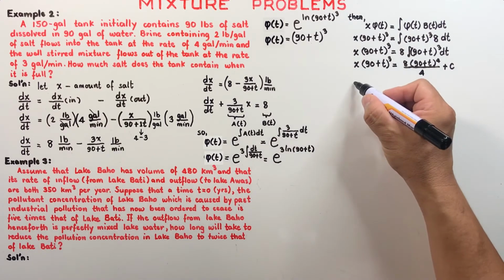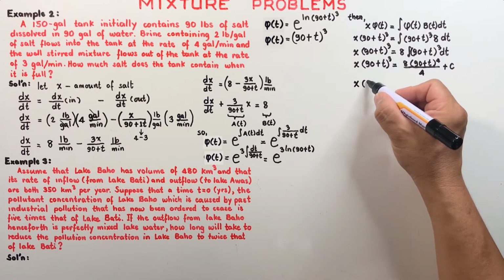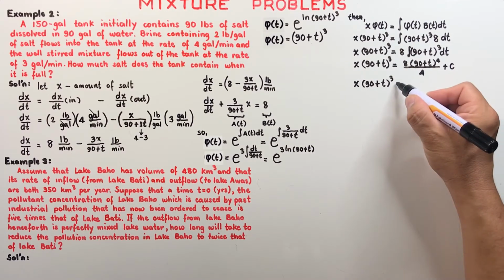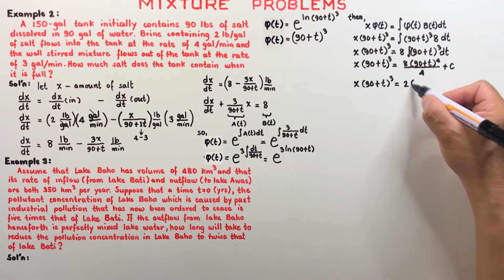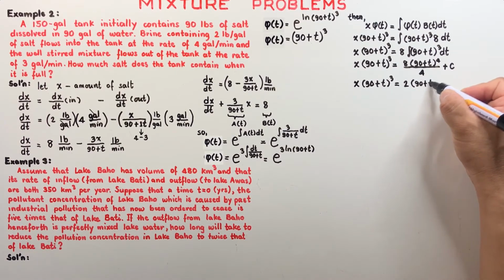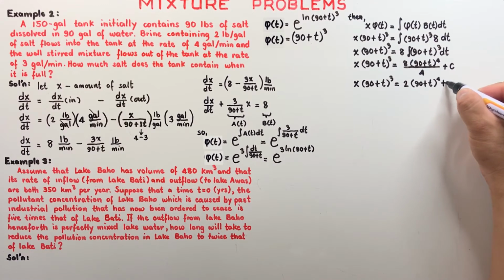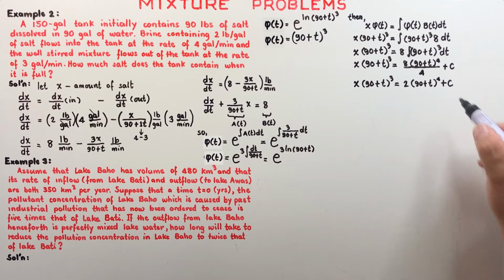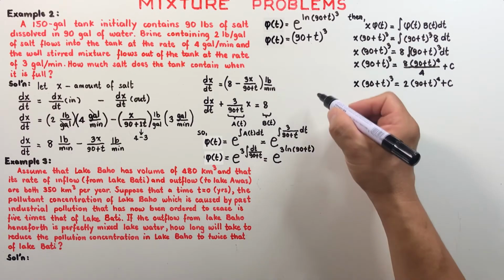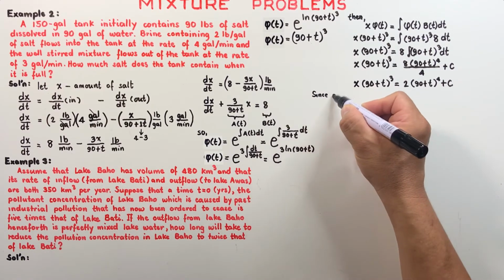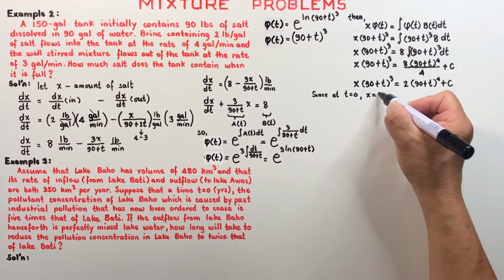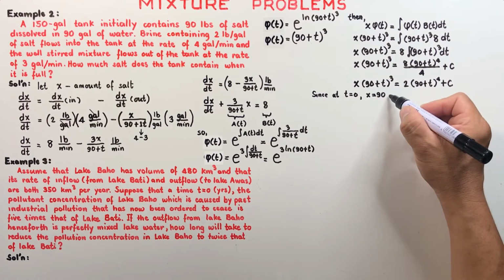So therefore, our resulting equation will be x times (90 plus t) to the power of 3, which is equal to 2 times (90 plus t) to the power of 4 plus the constant of integration c. But we can solve for this constant of integration c if we use a boundary condition from the problem, that we know that at time 0, meaning at the start, the amount of salt inside the tank is 90 pounds.